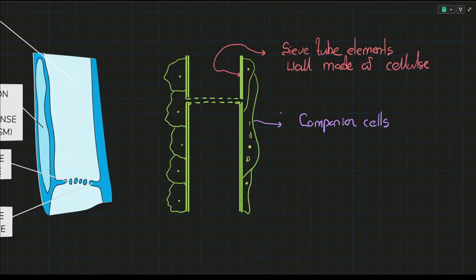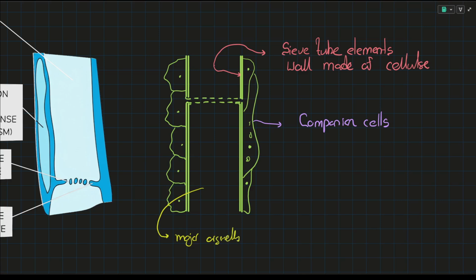The thing is, when it comes to sieve tube elements or sieve tube cells, they don't have the required organelles. What does that mean? So major organelles.